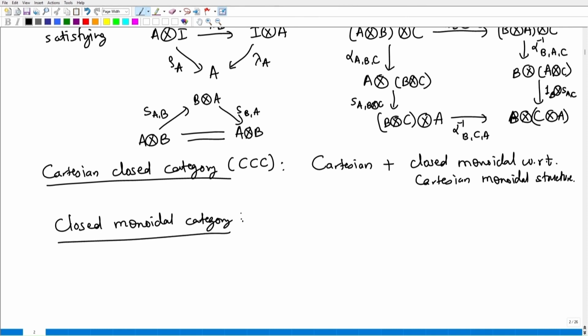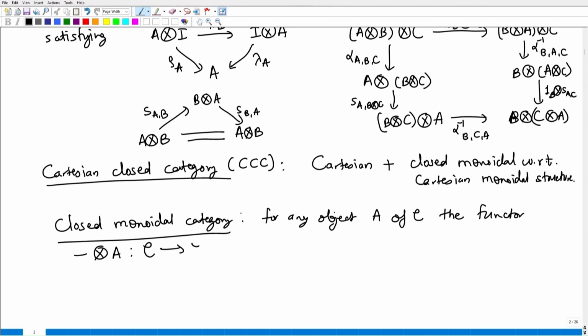This one has one additional property. It's a monoidal category first of all, with the additional property that for any object A of C, the functor blank tensor A from C to C has a right adjoint.